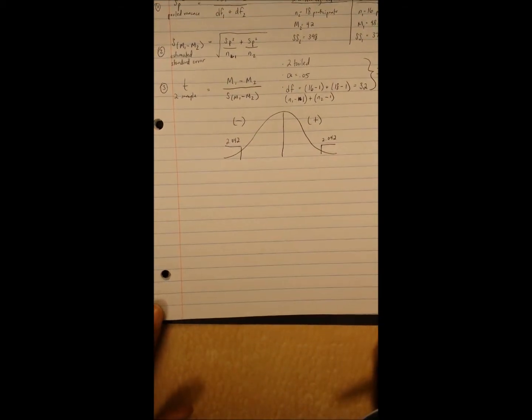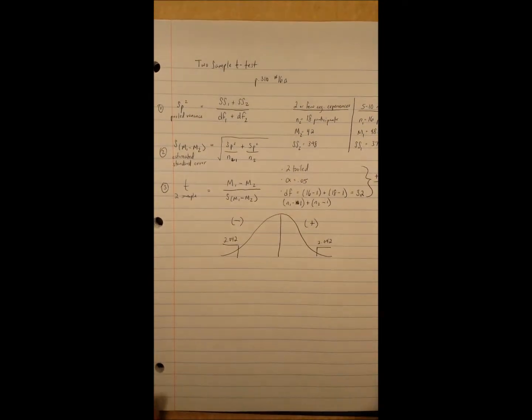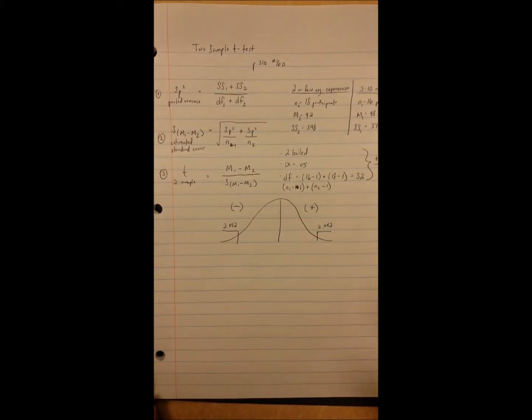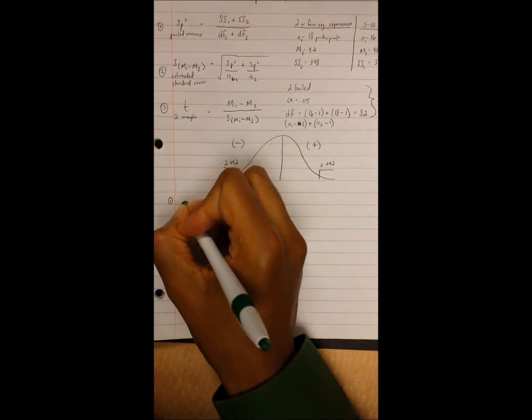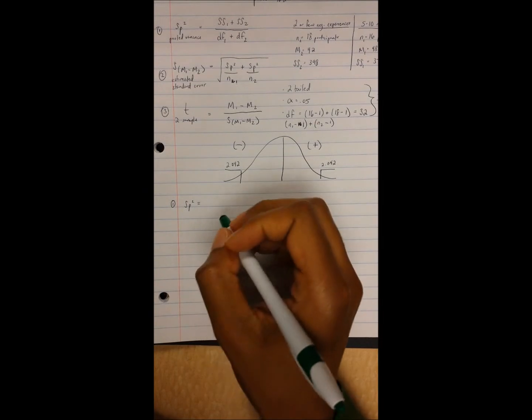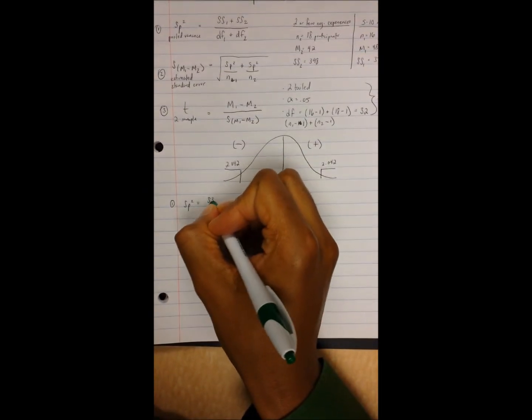So let's go ahead and work the statistic, first starting with calculating our pooled variance. Right, that's what you really came here for, so let's hop into doing that. So we're calculating our pooled variance, and this is the formula for it.